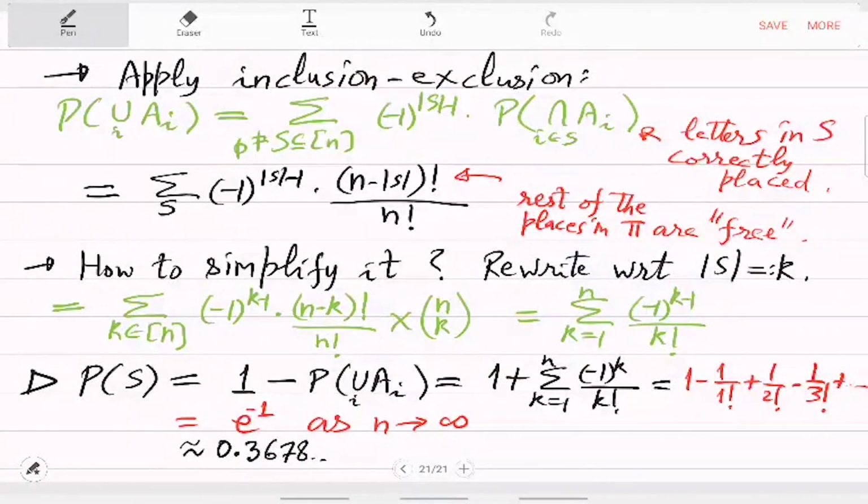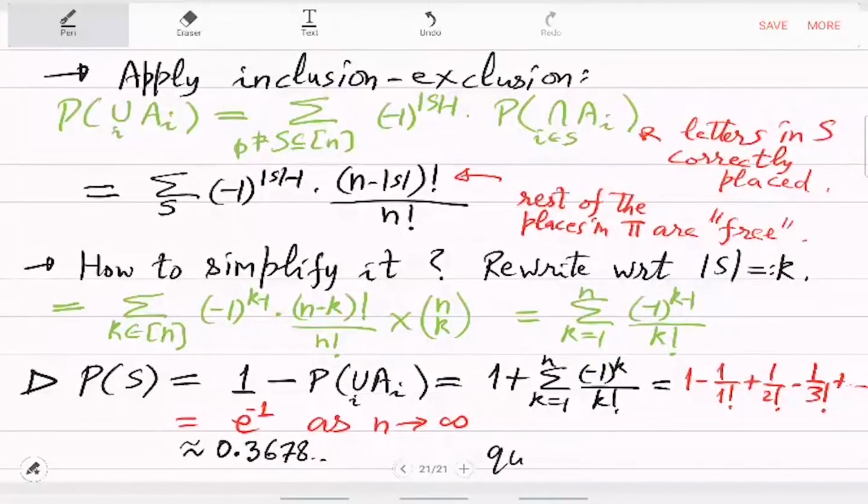So, this shows that the probability of every letter being misplaced is pretty high. It is close to 40%. Close to 40% is the chance that every letter will be misplaced, even if you have millions of letters, which is very surprising. Quite a high probability.